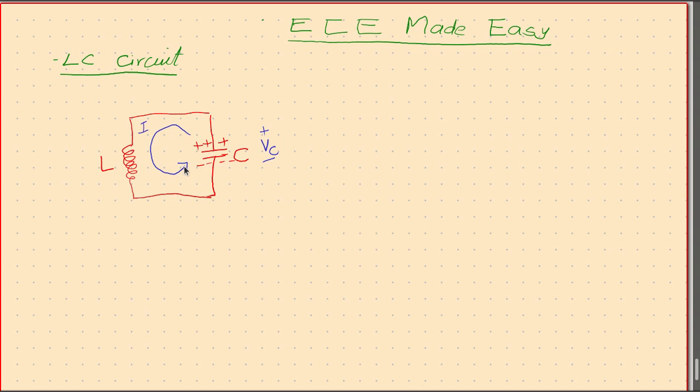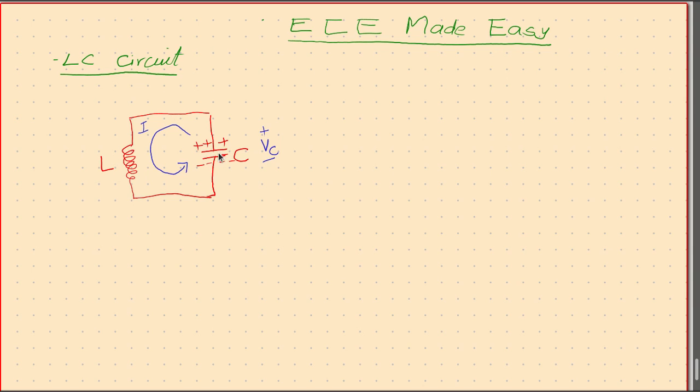But in reality, if you look at it the physical way, on this plate there are excess electrons, and on this plate there's a deficiency of electrons. Before starting this experiment, we said that this is already charged. That means through some means, some electrons are stripped out of this plate and pumped into this plate.